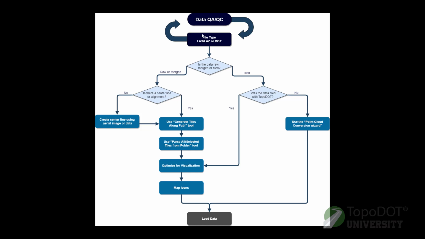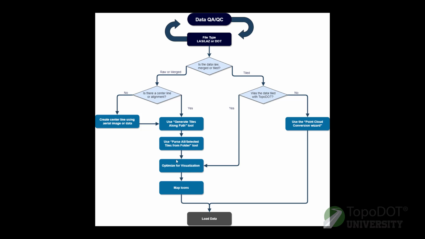Basically, we have a group of LAS files that are raw data files and that do not have a center line or alignment. So then I will create a center line using an aerial image to generate the tiles along the path, to parse all the data inside those tiles for later optimization, mapping, and loading.